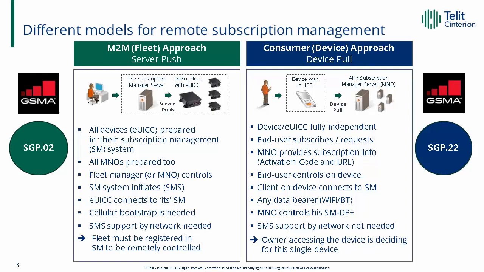So the SMS that is needed, all right, and then the cellular bootstrap profile is also needed for the initial connectivity, so it can get on the network and then download the profile. But overall, this one, the M2M approach, is a push model. So basically, you can manage all the SIM profiles from your backend server, right? That is the M2M approach.